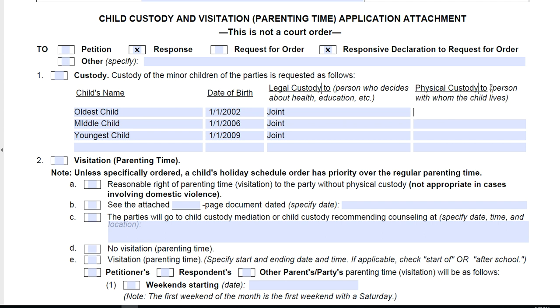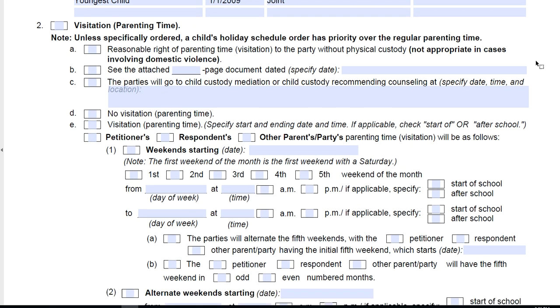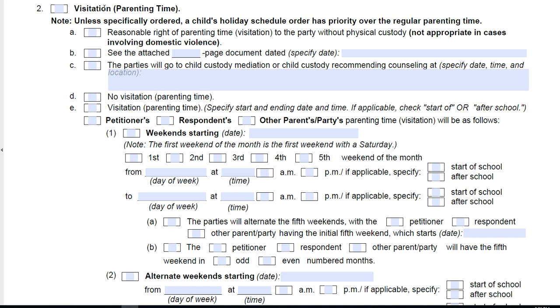Otherwise, your choices are joint, father, mother, petitioner, respondent, or your name or your ex's name. All of those are choices that you could do, so long as it matches what you would like to have happen. Okay, let's scroll down and talk about visitation.